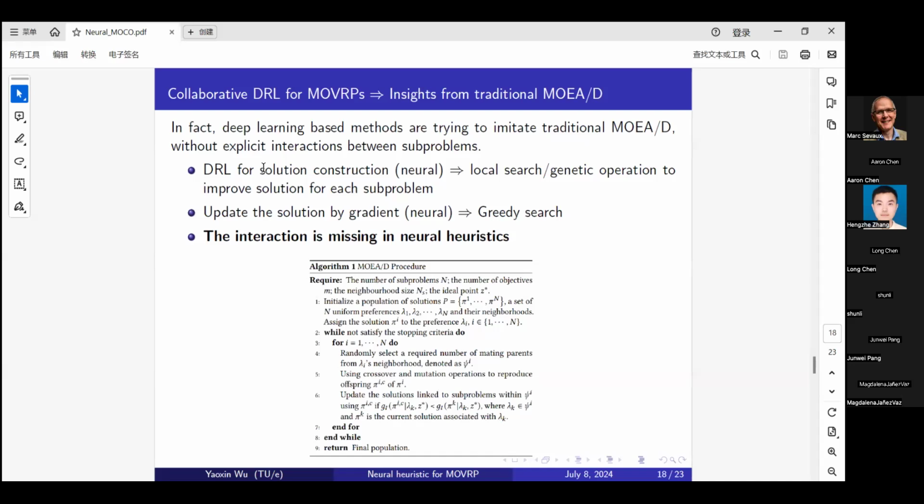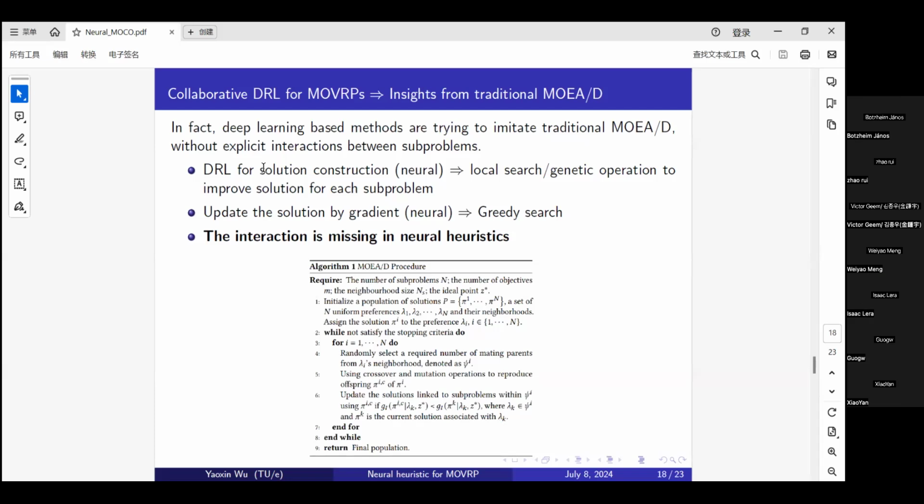And then we learn how to solve these single objective vehicle routing problems better, and improve our neural network according to the performance on each single objective vehicle routing problem. So this is the main logic of the methods in the literature.